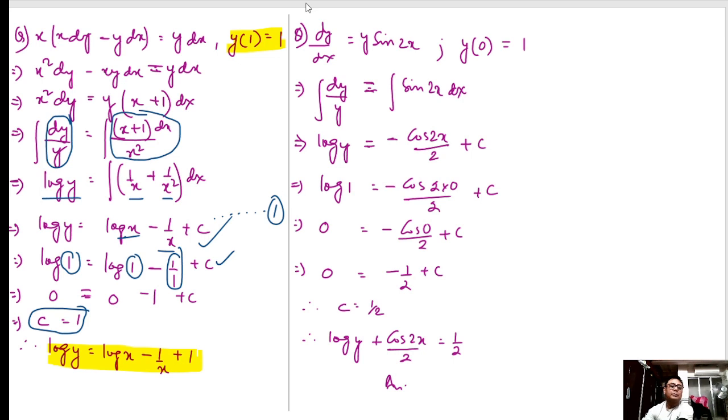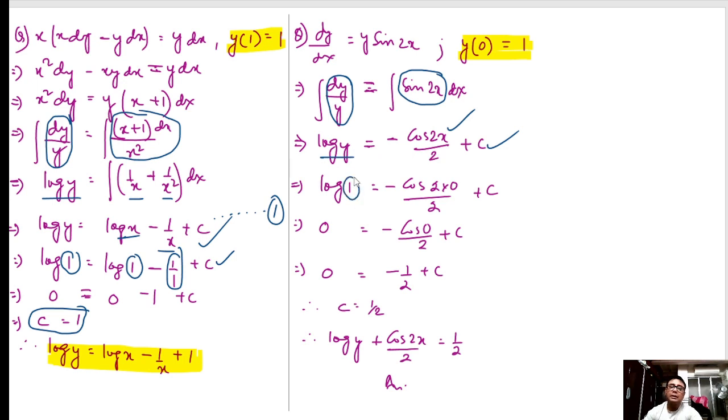So in the next sum, watch, again the target is the same, separating the y part and the x part and putting integration. This is log y, this is minus cos 2x by 2 plus c. And now we have to put the value. If x is 0, y is 1. So let us put it back.